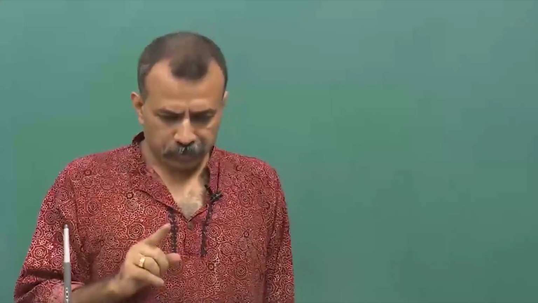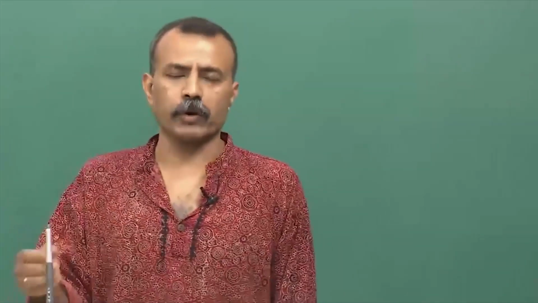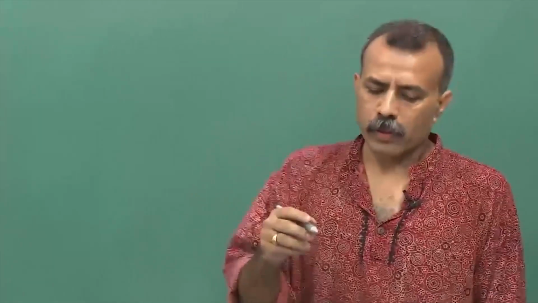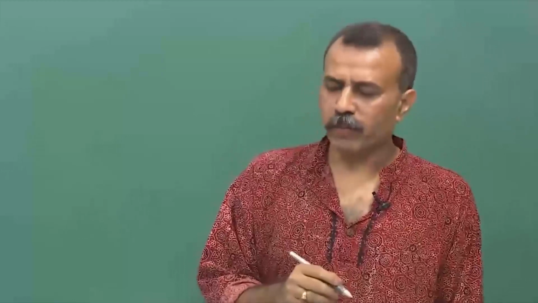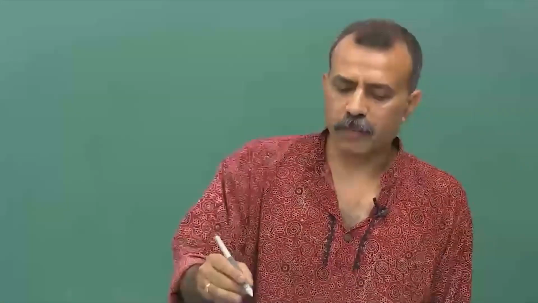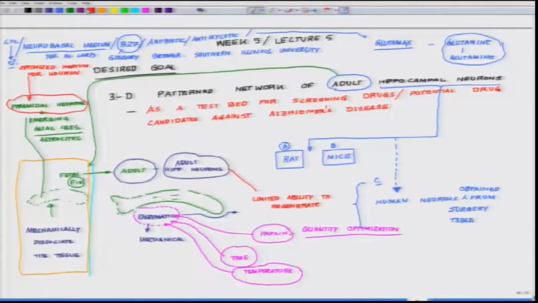Okay. So, this is the medium which is used for embryonic or fetal hippocampal culture. Now, the modification that has been made in this medium is that pretty much all the components remain the same, except its osmolarity has been varied, because the osmolarity of this medium is approximately 215 to 225 milliosmol. Okay.